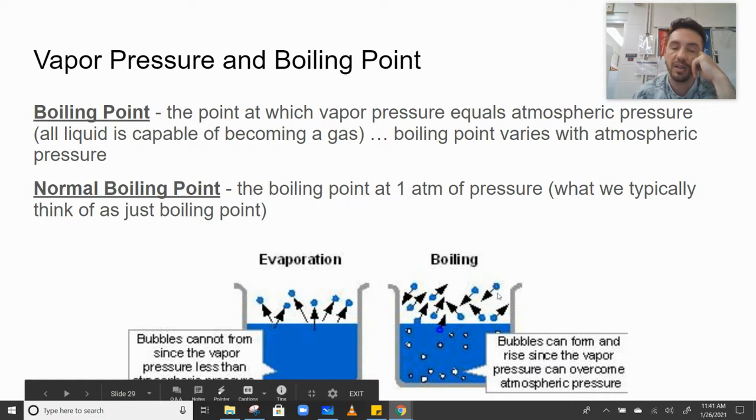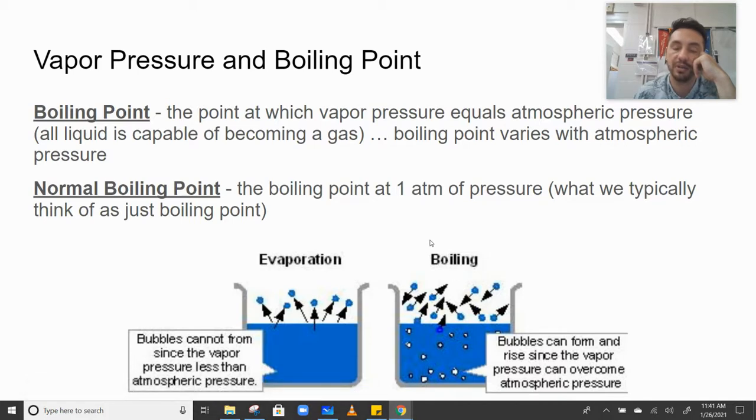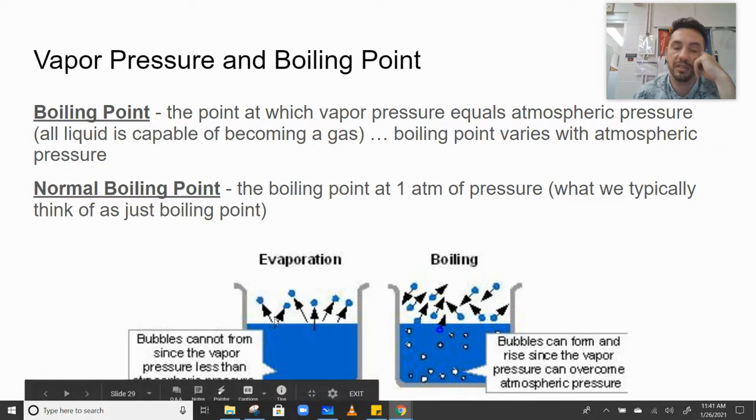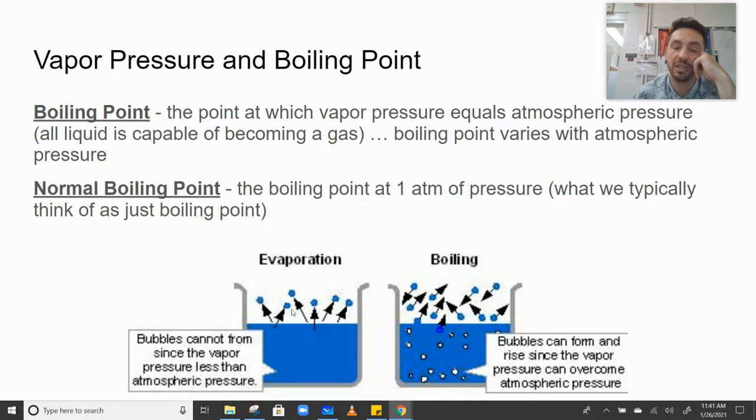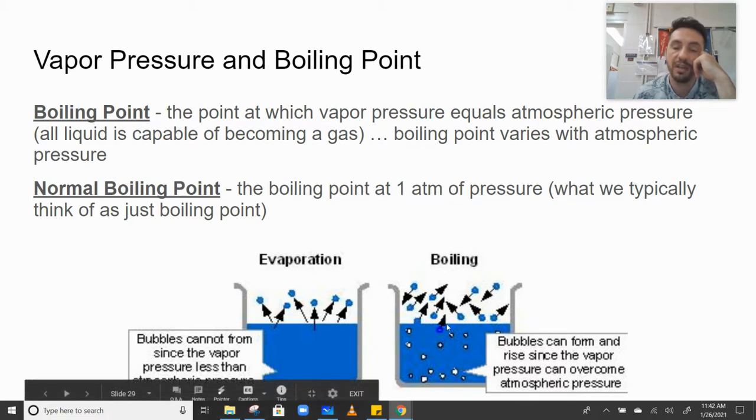So when something is boiling, vaporization occurs all throughout the liquid. In evaporation, the liquid turning to gas only occurs at the surface. So evaporation only happens at the surface, while boiling, vaporization, happens all throughout the substance.